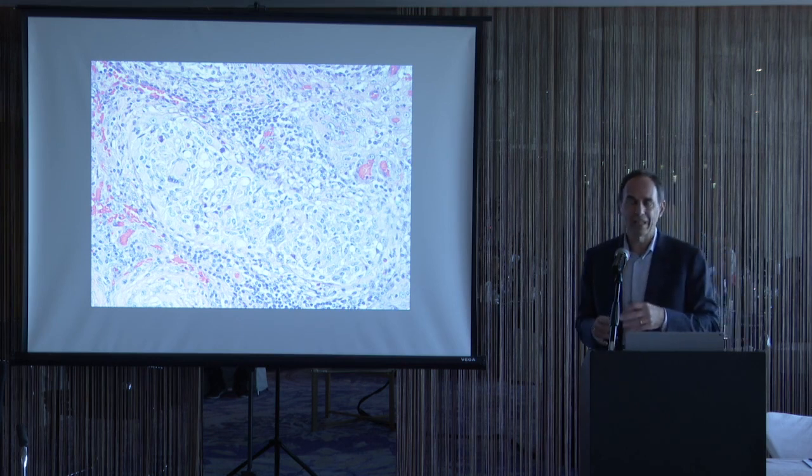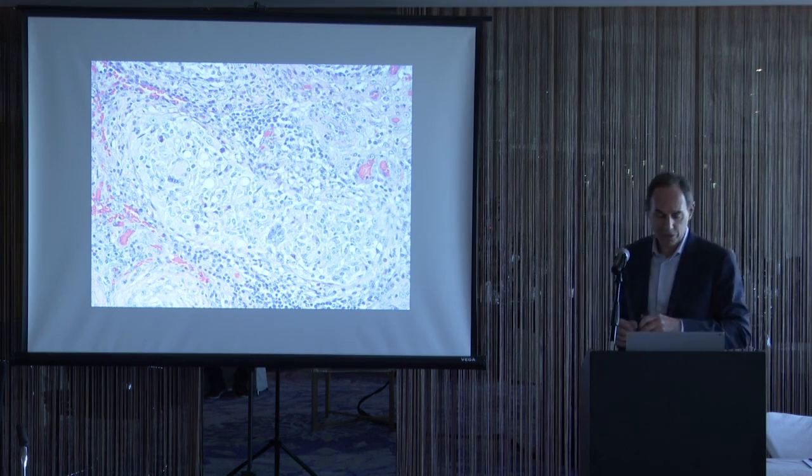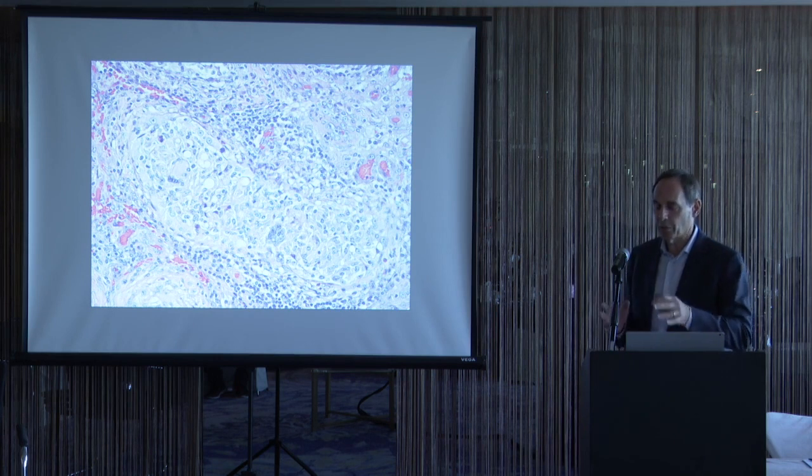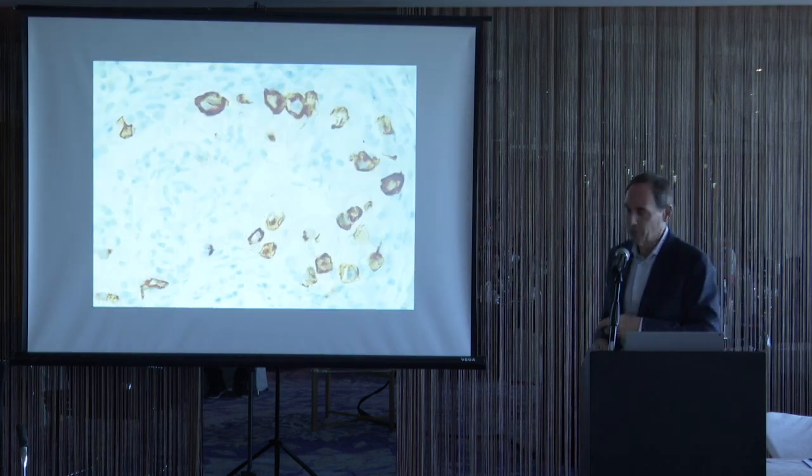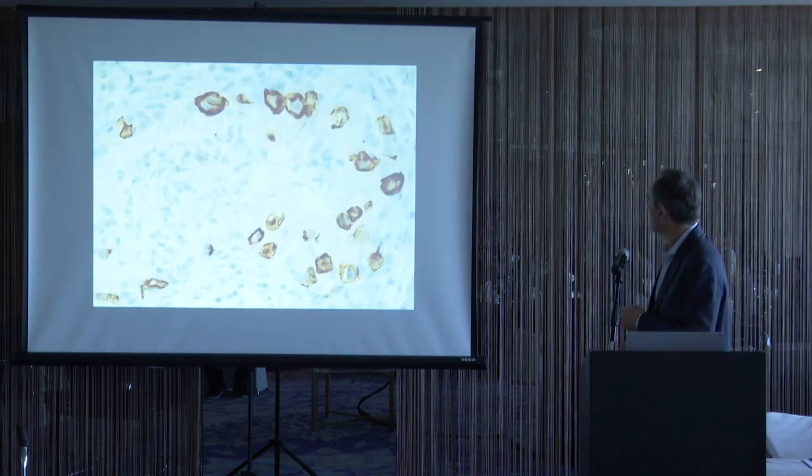There's another entity called idiopathic granulomatous orchitis, where you can get a similar granulomatous reaction to normal germ cells, which enters into the differential diagnosis. But here, if you do, again, a PLAP stain, you can highlight those germ cell neoplasia in situ cells associated with a prominent granulomatous reaction.